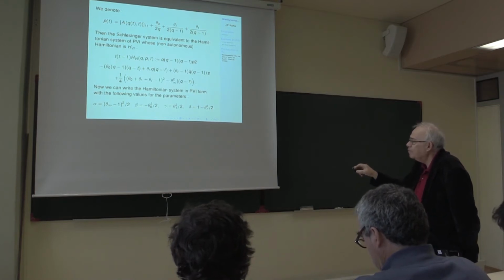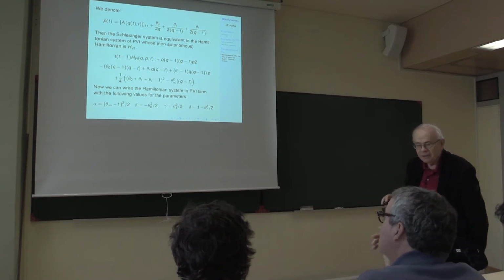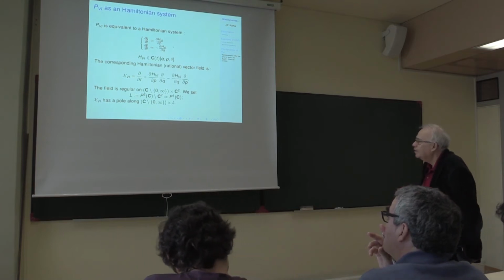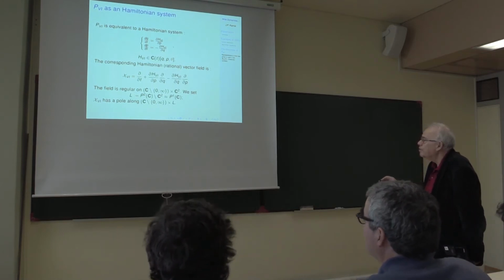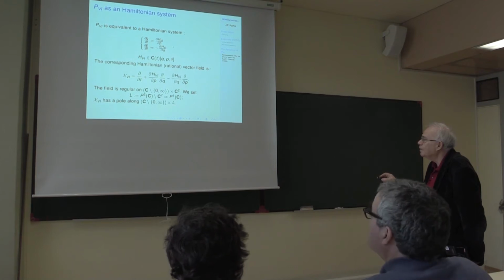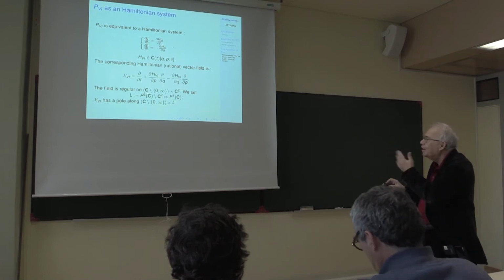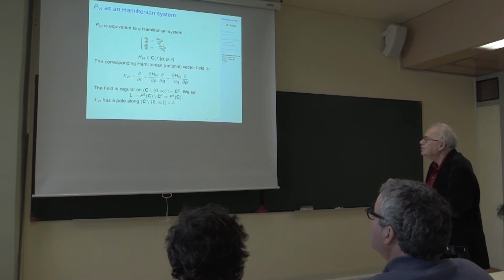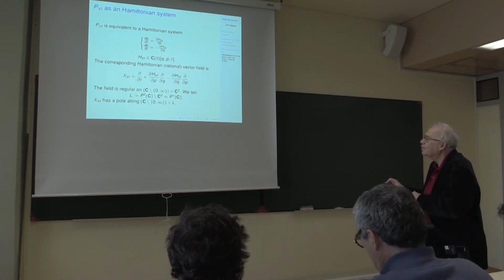And now the parameters, the original parameters in the P6 Painlevé equation, are expressed in terms of these local monodromy exponents. Okay, oh, there is a mistake. It's 0, 1, it's 1. Okay, then you have this Hamiltonian vector field. This is the Painlevé Hamiltonian vector field.